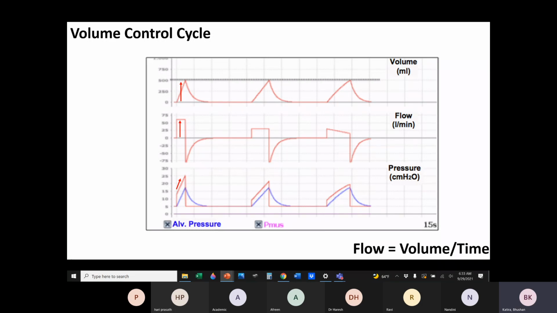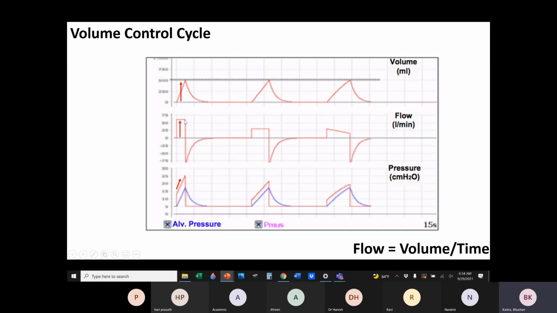Once the flow achieves its maximum and stays there, further buildup of the pressure is slower because the gradient of the flow is now zero. As the gradient of the flow increases, the pressure increases, and then with further continuous flow at the same constant level, the pressure slope decreases, but the pressure continues to increase.